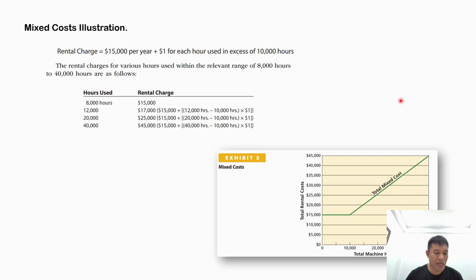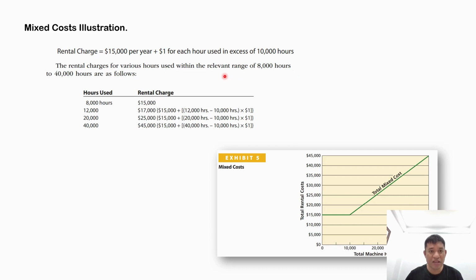Assume that Simpson Incorporated manufactures sails using rented machinery. The rental charges are as follows. The rental charge is equal to $15,000 per year plus $1 for each hour used in excess of 10,000 hours.